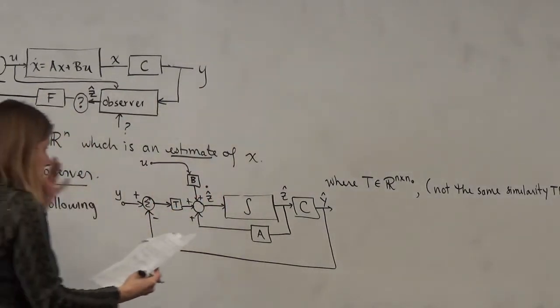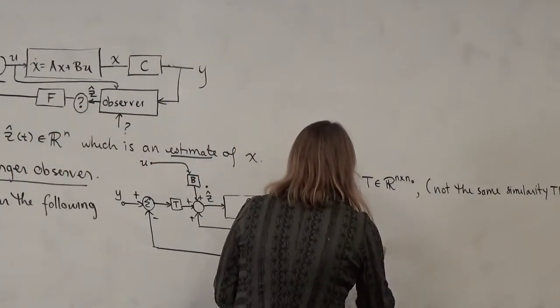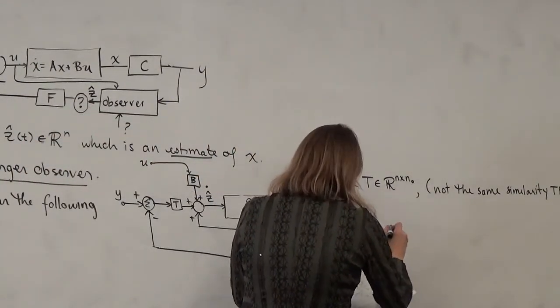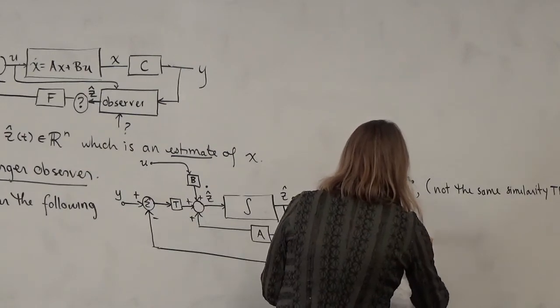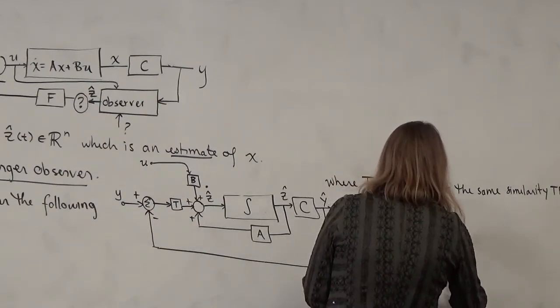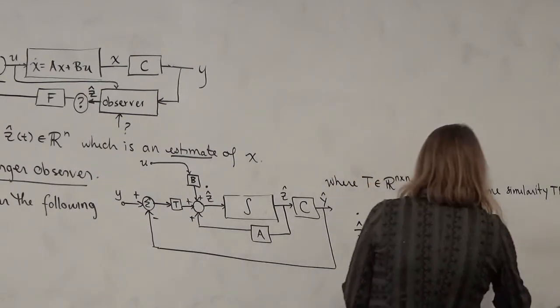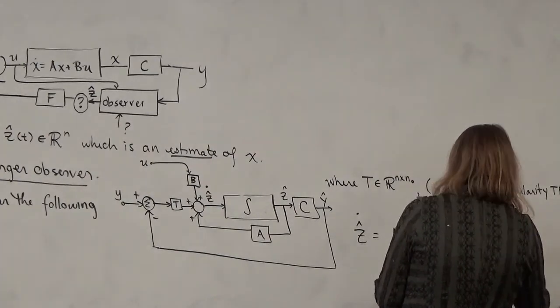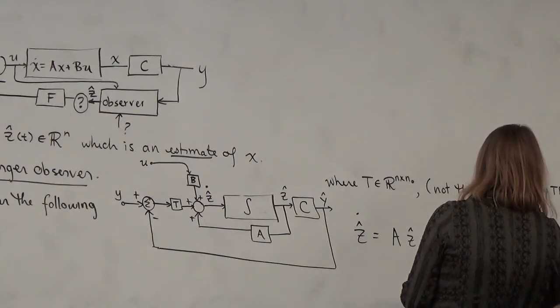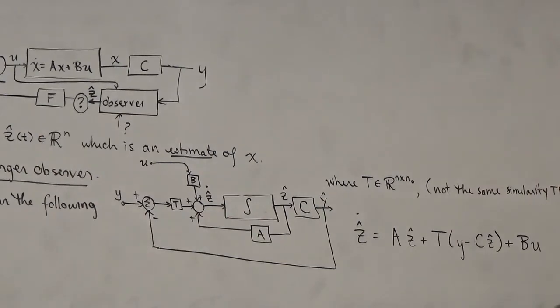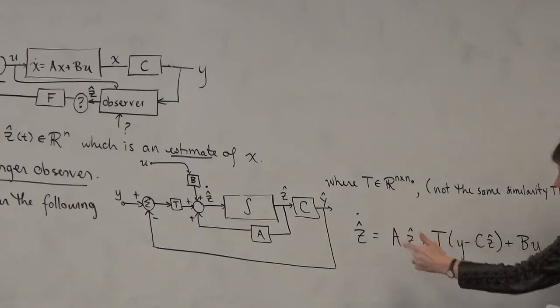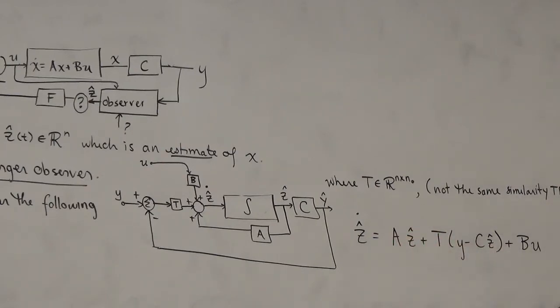So if we write out the equations for what we've got, z hat dot is equal to A z hat plus T times (y minus C z hat) plus B u. So that's really just what we've written the block diagram for. Here's y minus y hat multiplied by T coming into this dynamic system.